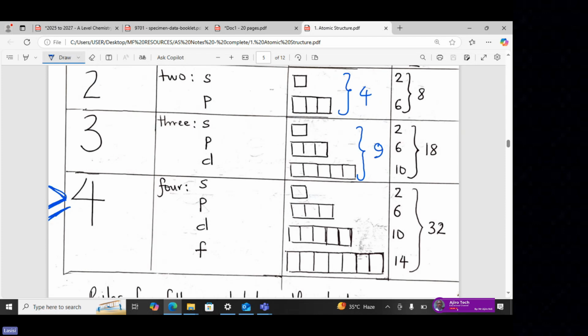So altogether, what is the maximum number of orbitals that can be found in the 4th shell? 9 plus 7, that's 16. Now, what is the maximum number of electrons that can be found in the 4th shell? That's 32, because you said 16 orbitals, each of which can only hold 2 electrons, meaning 32 electrons.